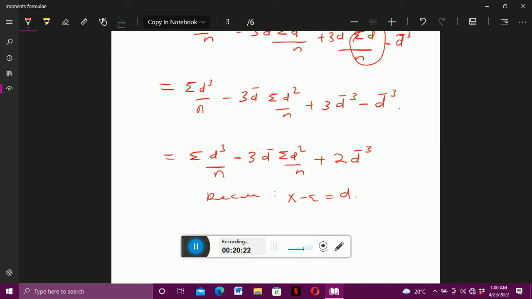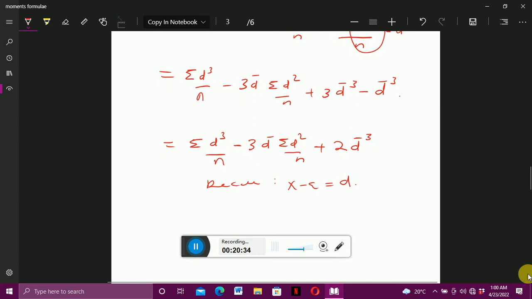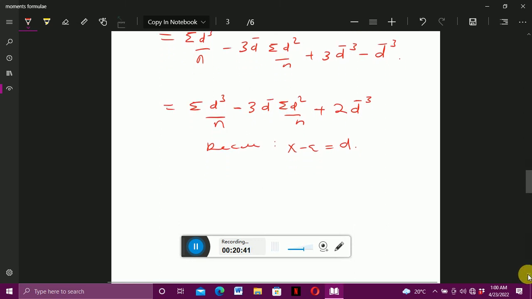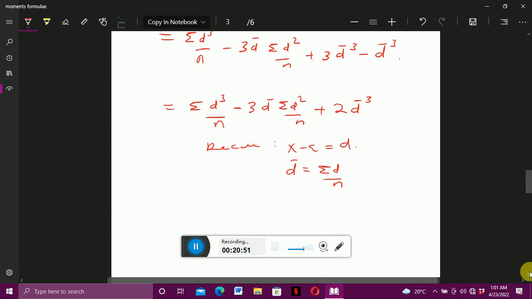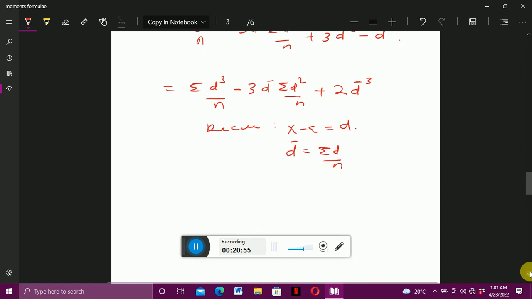It is d bar cubed. So we recall that d is x minus a, and we also recall that d bar is equal to sum of d over n. So whenever we have d bar, we can substitute it with sum of d over n.